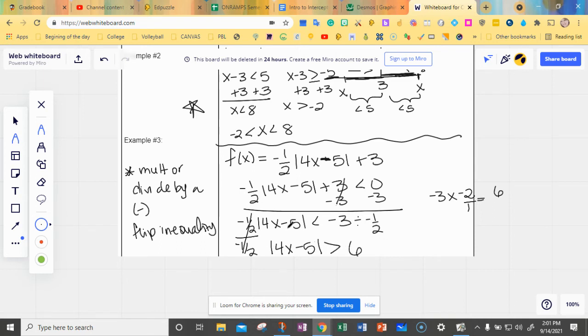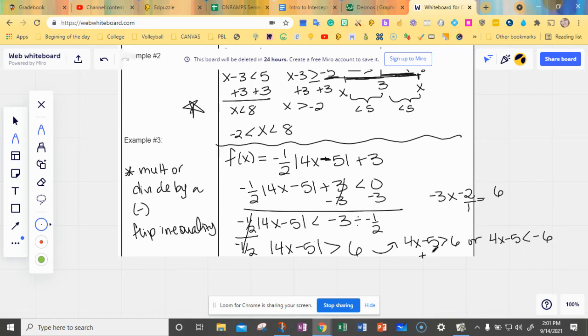That's just one of those things we need to remember. Now, once I've gotten it down to the absolute value, I get to split it up. So I get to say 4x minus 5 is greater than 6, or 4x minus 5 is less than negative 6. Remember, flip the inequality, change the sign.